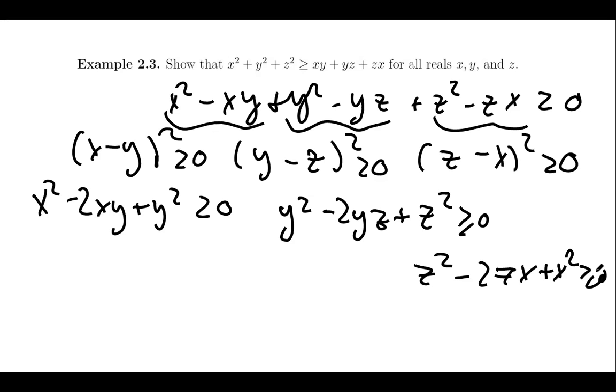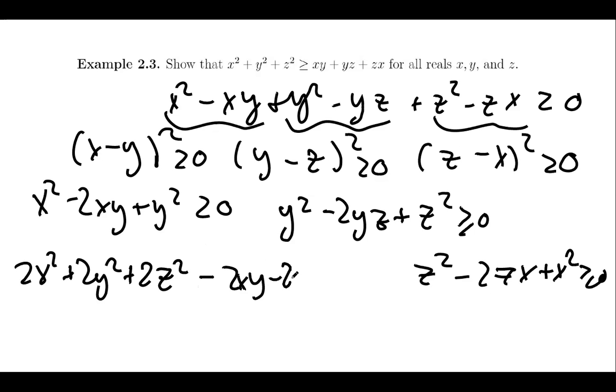Okay, now if we add everything up, then we get 2x squared plus 2y squared plus 2z squared, and also all of the xy's, yz's, and zx's. It's greater than or equal to 0.